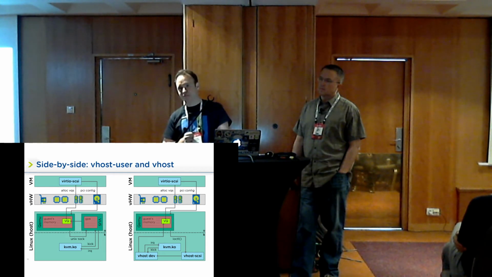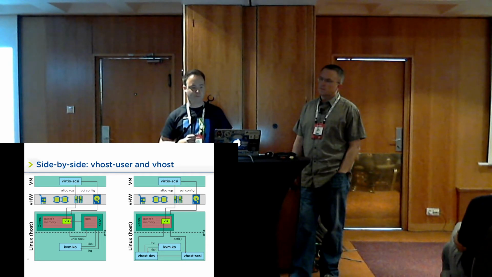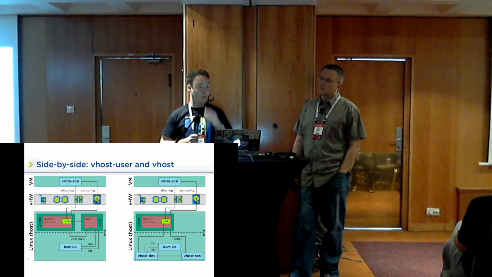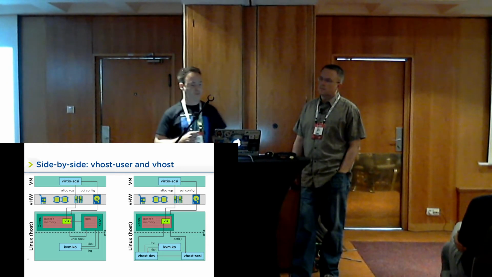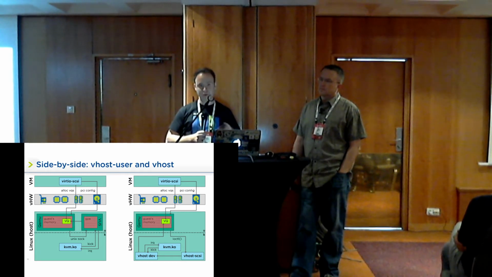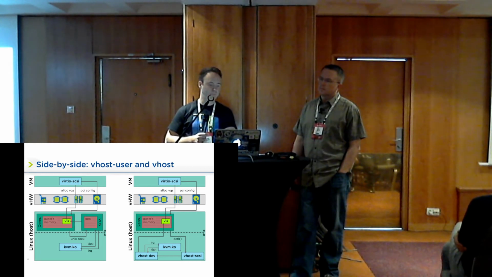So as far as the guest is concerned, the virtio-scsi device is identical. You will do part of its initialization, like allocating these VQs, and then telling the device where the VQs are via the PCI config space. And then here's where the differences begin.